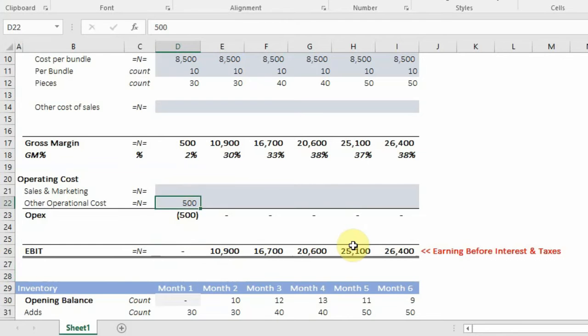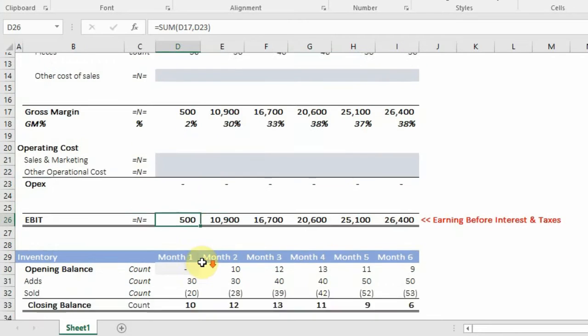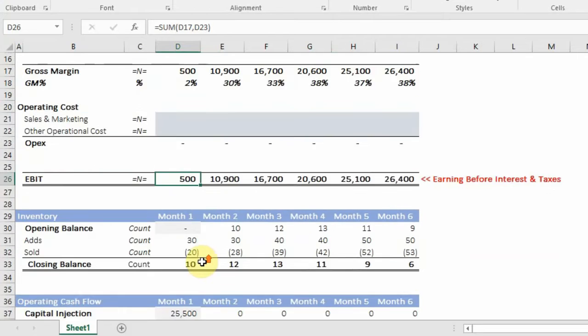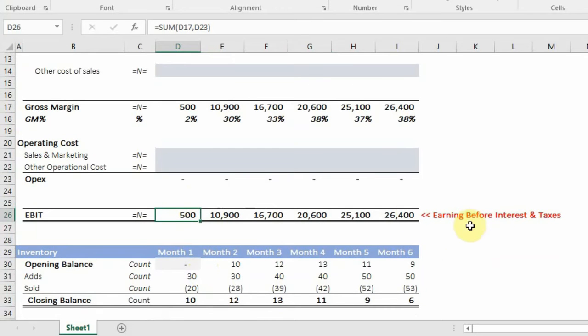And why have I included that is because it's possible that we're going to get a loan to do this business, and that's going to include some interest. So that is why we have interest not included here. I'm just trying to tell you that in this analysis I have not included interest.